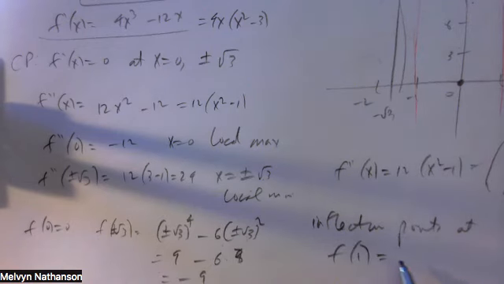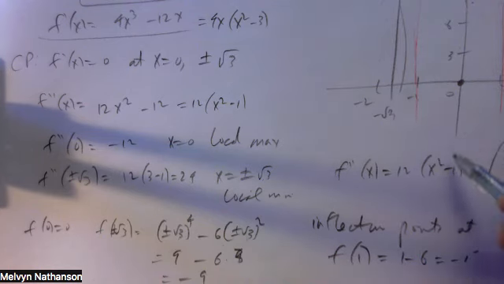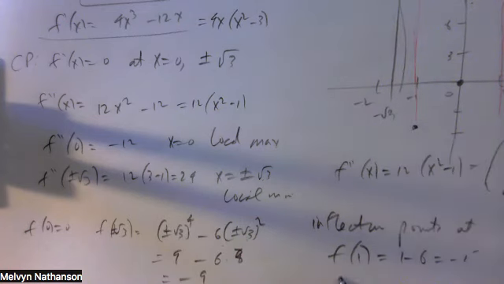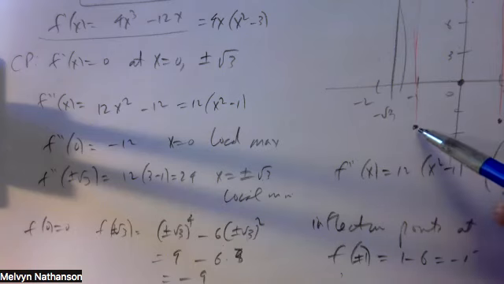The value of the function at 1 is 1 minus 6, or minus 5. It's about here. And at plus or minus 1, it's minus 5. So from minus 1 to 1, the curve is concave down.